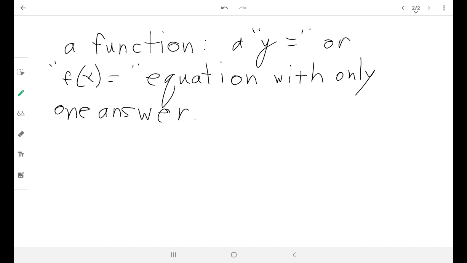So the difficulty lies in looking at them in different forms and deciding, can I get it in a y equals format, and will it only have one answer?